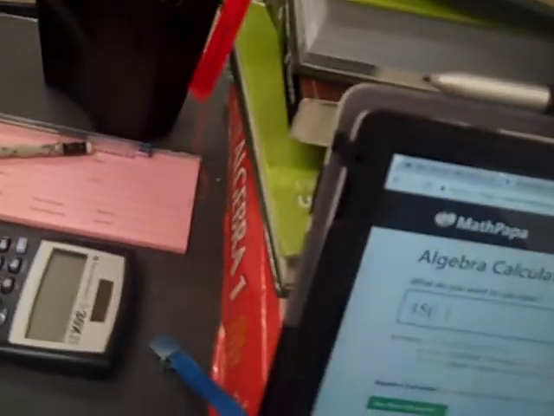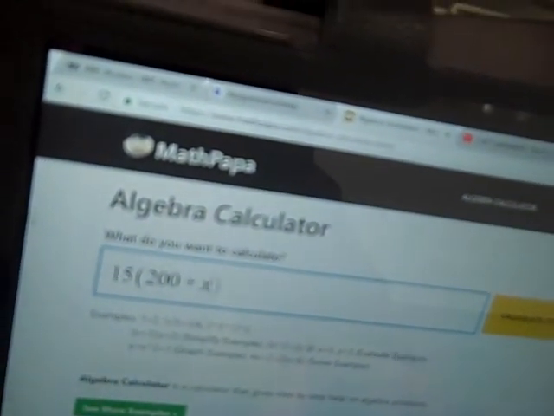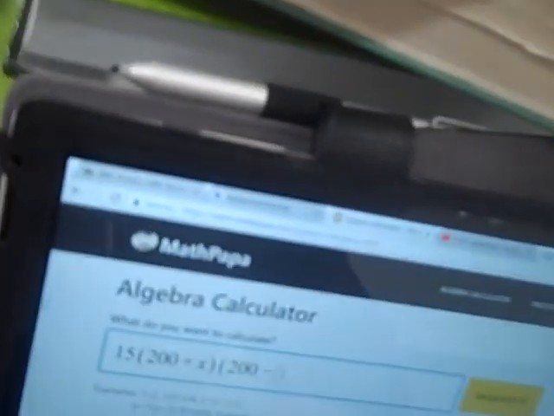I got 400,000. Then the other side goes in. So 15, 200 plus x, and 200 minus x.